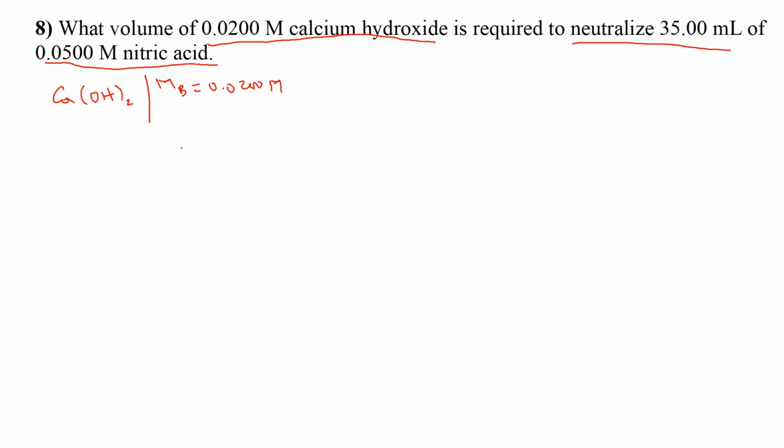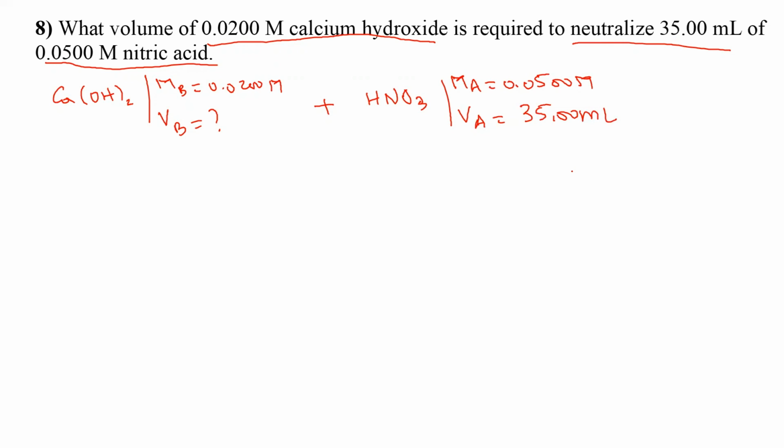And what we are looking for is the volume. We don't know what VB is for the time being. And it is added to a solution of nitric acid, HNO3, we have the concentration, MA, 0.0500 molar, and we know the volume of the acid, 35.00 ml. Okay, so this is the setup.